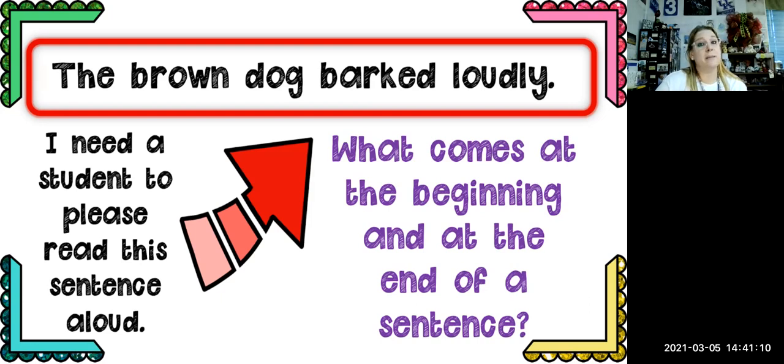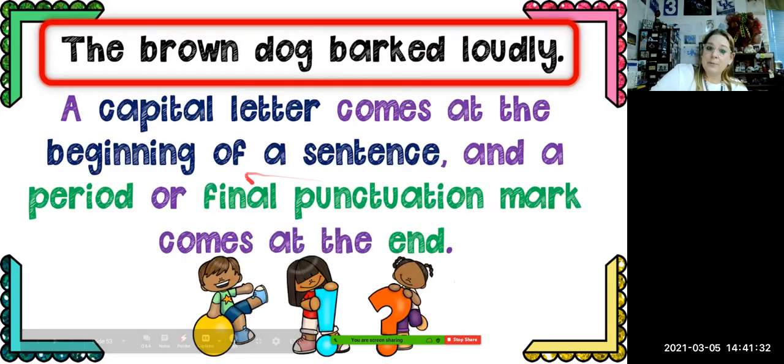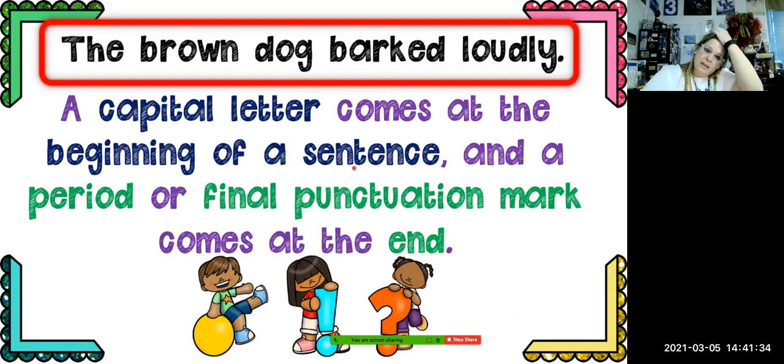Nope, it's an exclamation mark. So when I ask you what comes at the end of a sentence, rather than just yelling out a period, you should probably think and say punctuation mark, because that includes all three, a period, question mark, and an exclamation mark. All righty, so a capital letter comes at the beginning of a sentence and a period or final punctuation mark comes at the end of the sentence.